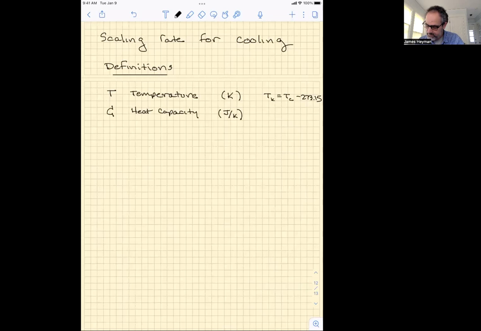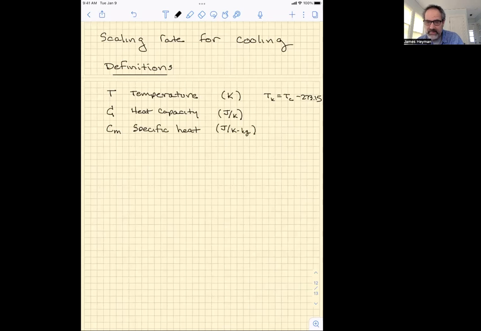The third thing, rather, is a related quantity called the specific heat. And in this case, the specific heat per unit mass. What the specific heat tells us is the amount of energy I have to add to raise the temperature of 1 kilogram of the substance by 1 degree. So it has units of joules per Kelvin per kilogram.